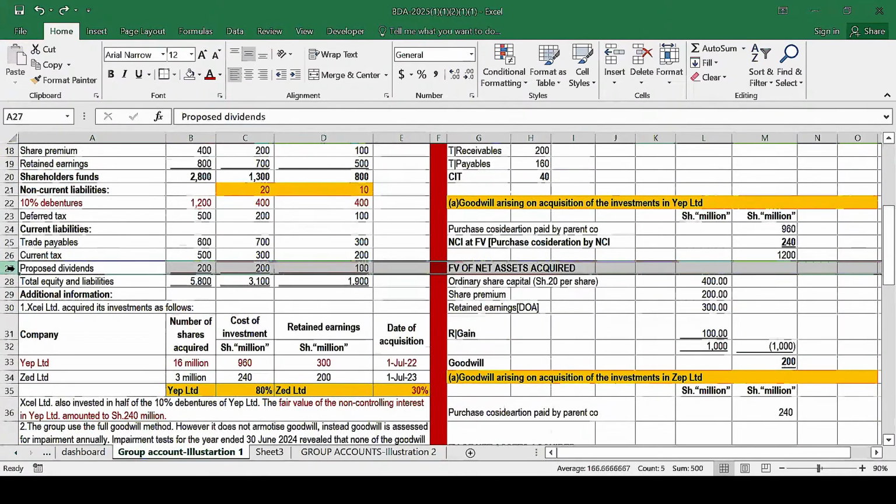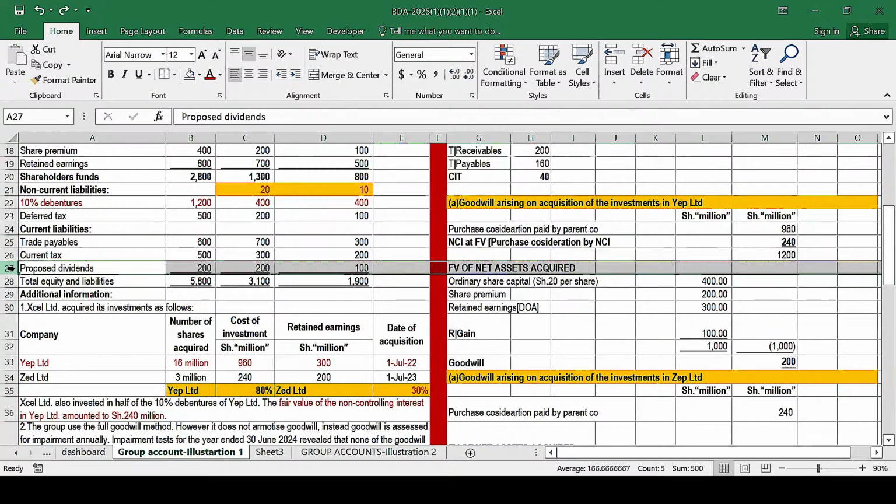Remember, these are the dividends which are supposed to be paid by the parent and also the subsidiary. Do you have any adjustment for that? Yes, there will be some adjustment for that.